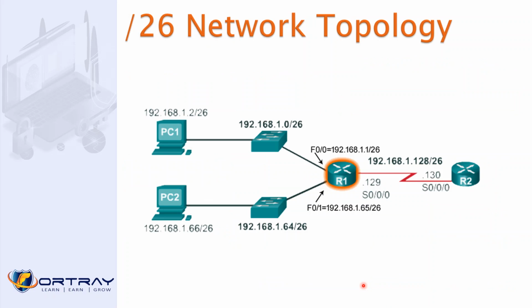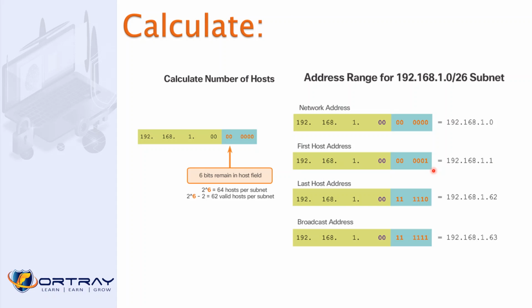Now you see this, there are 4 networks here. So 192.168.1.1, 192.168.1.65, 128. This is how you divided the network. So look at this, how we now calculate this. These 2 bits are now part of the network.